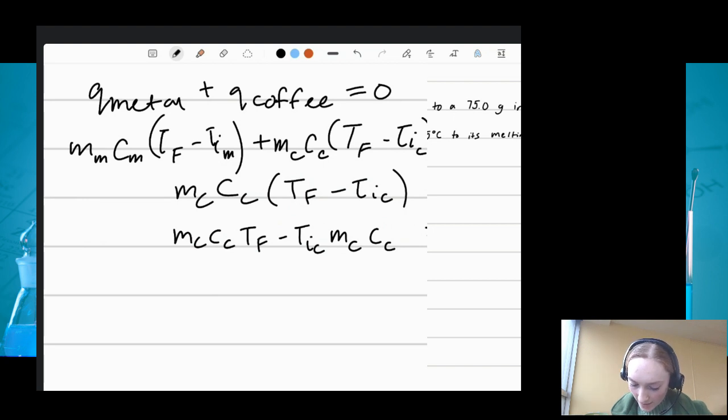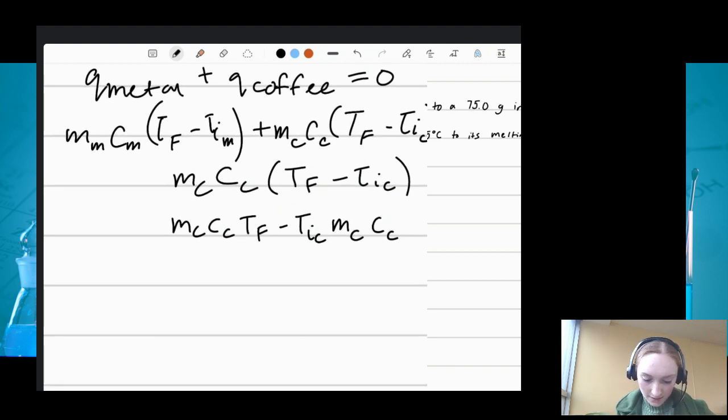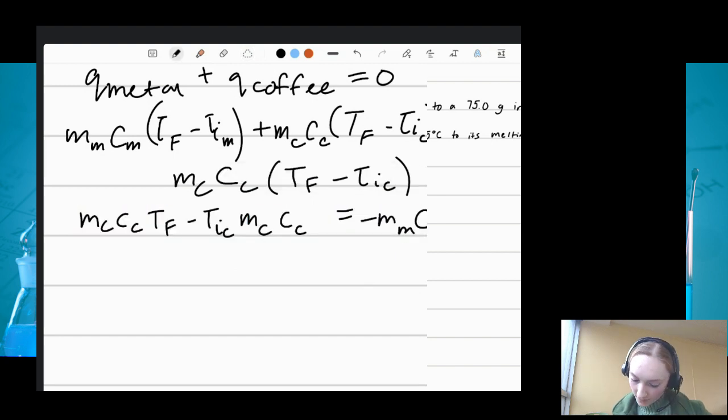And then over here on the right, it's going to be MM, CM, TF. And then because there's a minus, this will cancel out. Move everything over. So that'll look like a positive MM, CM, TIM. So TIM will be over there. Awesome, just making sure I did my math correctly.